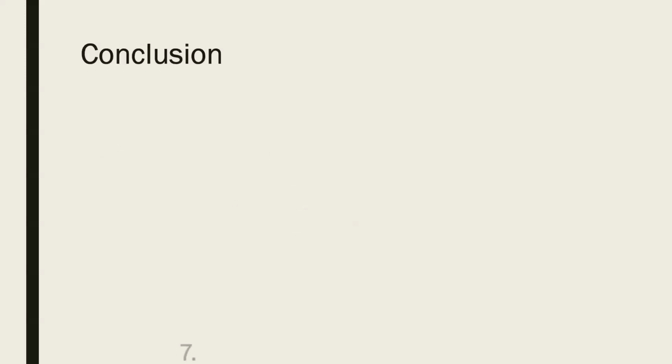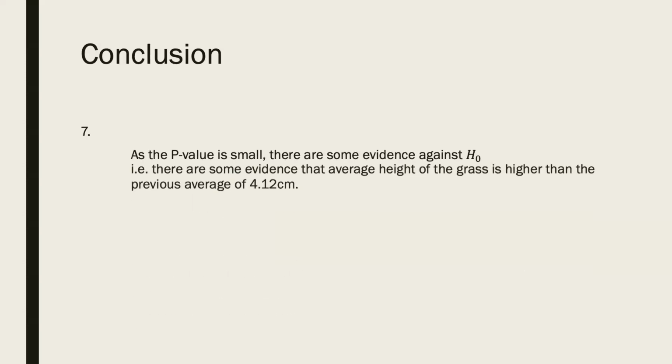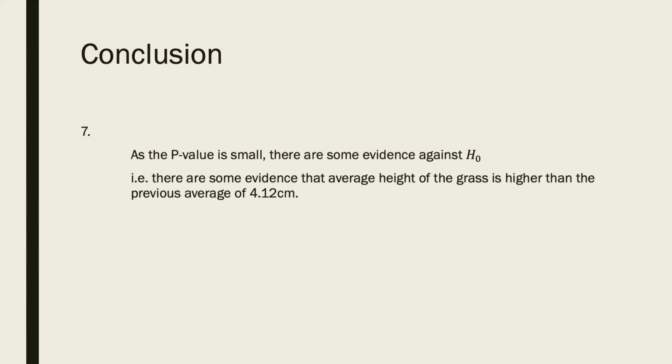So what does it mean? It means that because the p-value is small, there is evidence against the null hypothesis. So we will favor our alternative hypothesis, which means that the average height of the grass is higher than the previous average of 4.12 cm.